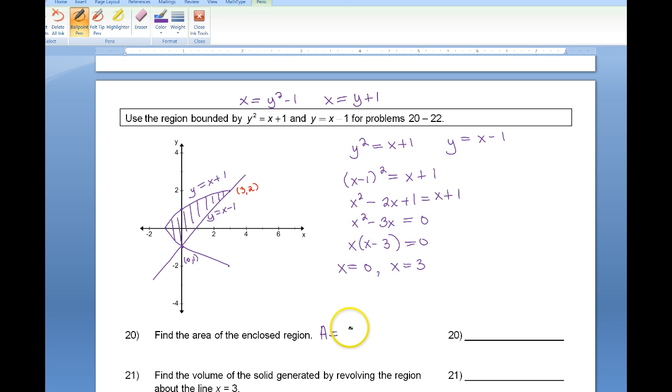So my area is going to be the integral, since we're in terms of y, we're going to use the y coordinates of our bounds, from negative 1 to 2. Our right bound is going to be y plus 1 minus our left curve, y squared minus 1, dy.